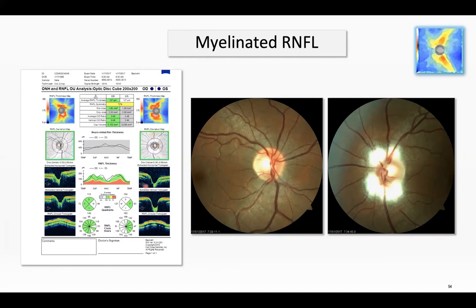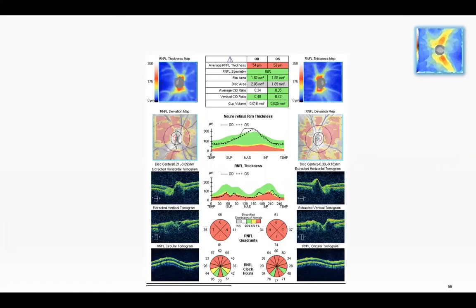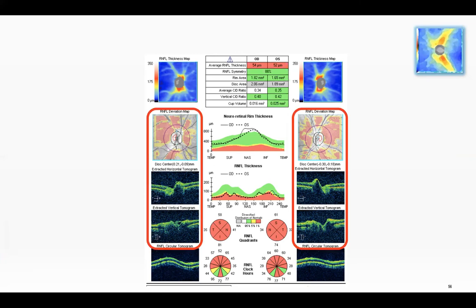is glaucomatous or not. Also, does all RNFL loss on OCT mean glaucoma? A good question. When you see RNFL loss, do not forget to check the vertical and horizontal tomograms, the RNFL deviation maps, disc data, and also the neuroretinal rim thickness TSNIT plot, in addition to the cup-to-disc ratios on the summary parameters table.